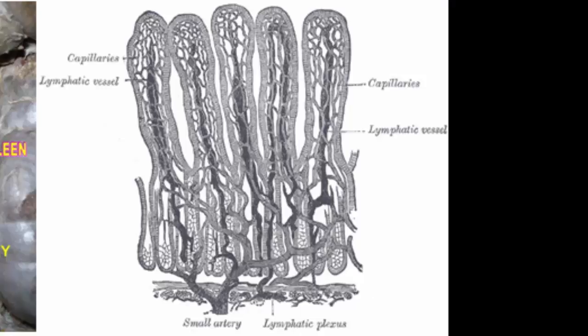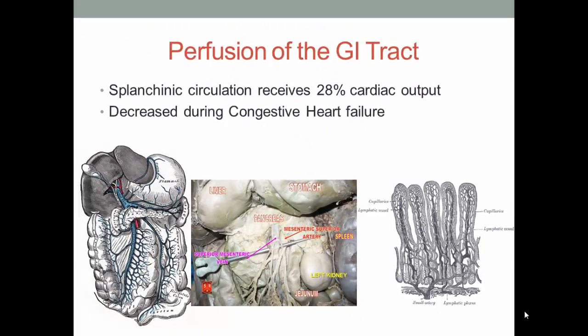The benefit of the lymphatic circulation is that it bypasses the first pass metabolism. In the mesenteric veins, the blood flows to the liver and the enterohepatic circulation, so the first pass effect takes place. But in the lymphatic circulation, that is bypassed and it directly reaches the systemic circulation. Some lipophilic drugs are absorbed through this process into the lymphatic circulation.